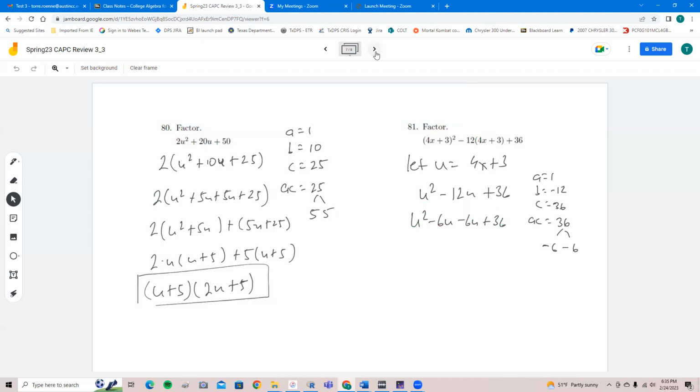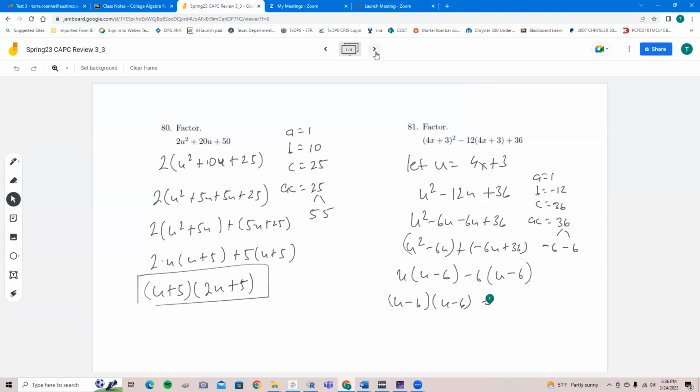And once you factor by grouping, pull the u out, you get u minus 6. Pull the negative 6 out, you get u minus 6 again. U minus 6, u minus 6.